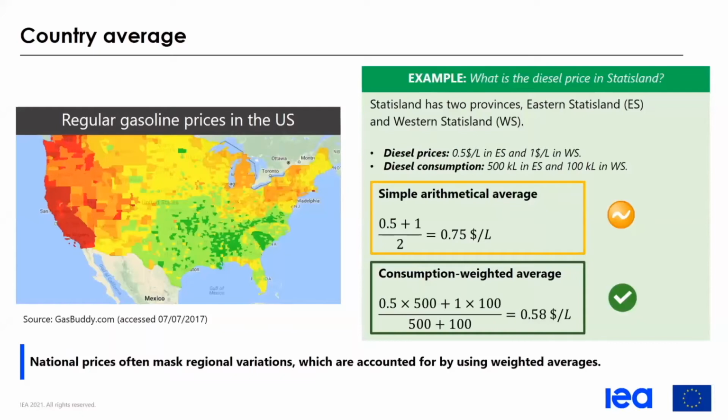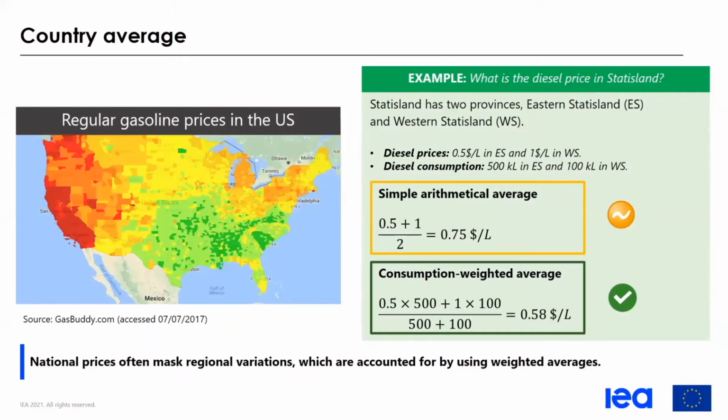Again, using an example may help better understand. Let's consider a country, which we will call Statisland, with two provinces, Eastern Statisland and Western Statisland. In Eastern Statisland, the price of diesel is $0.5 per liter, while in Western Statisland, diesel is more expensive, at $1 per liter.